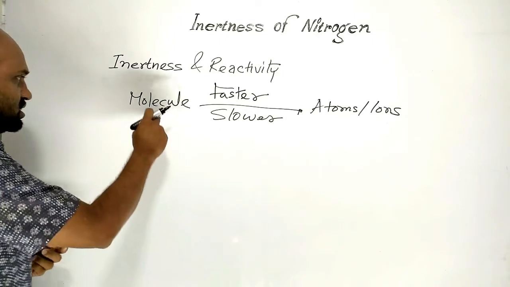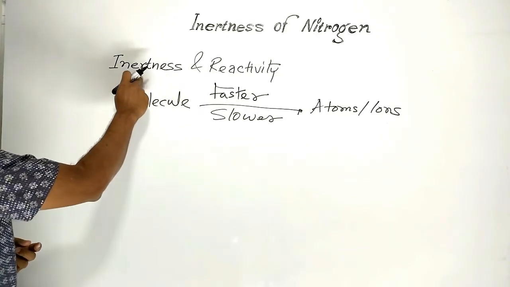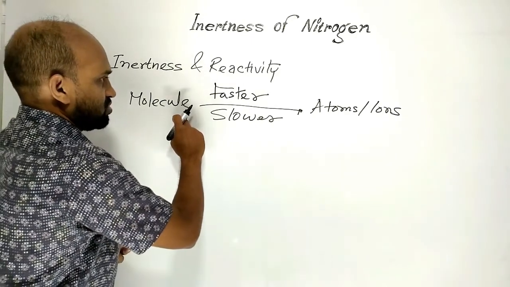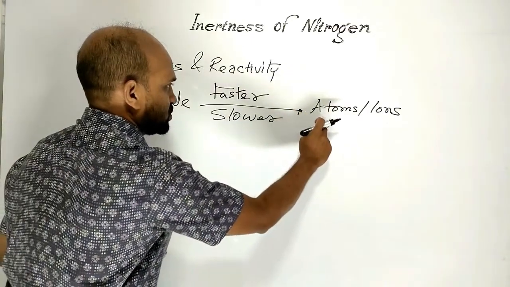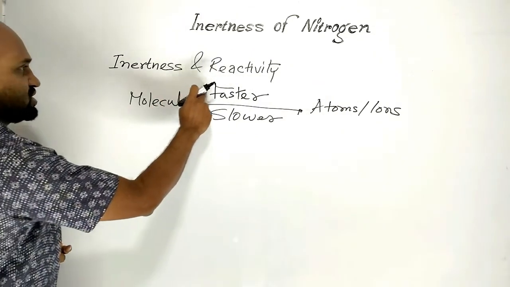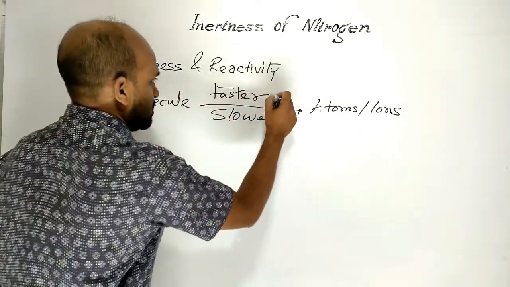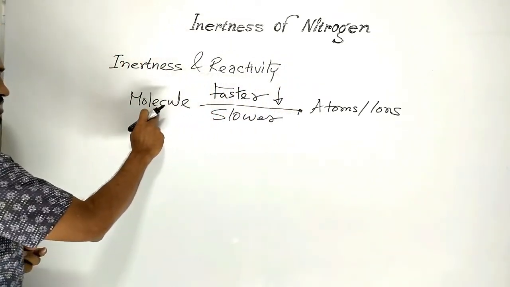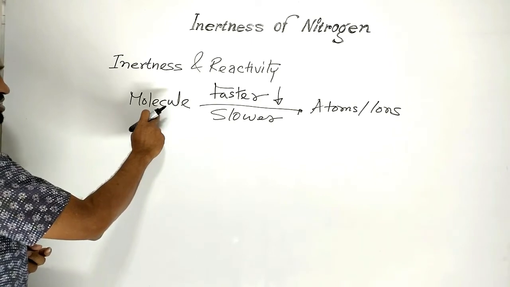So reactivity or inertness depends on the breaking of the reactant molecules into atoms or ions. If the breaking is faster or with a minimum amount of energy, then the compound will be reactive.